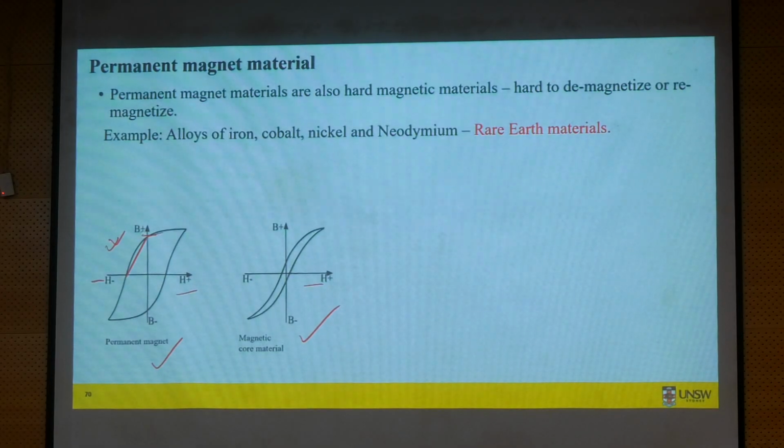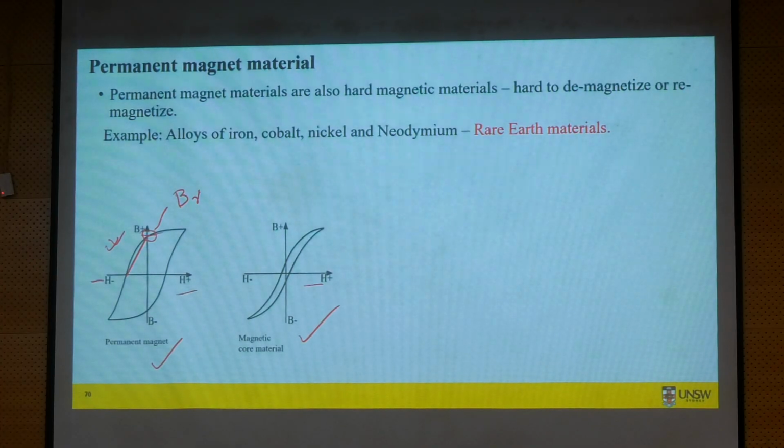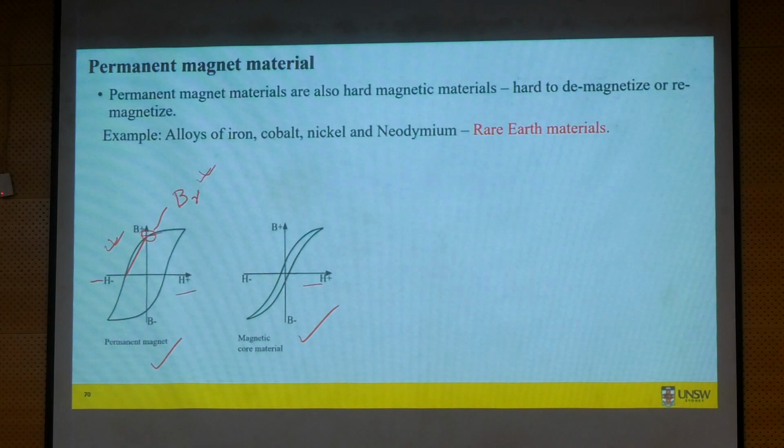Once it is magnetized, you will get this remanence flux in the magnet. If you look at the data set of a magnet material, they will give this value, Br, the remanence flux density. Based on this value, you will have the various grades of the magnets, especially for rare earth materials such as neodymium iron boron. If you look at their data set, or if you try to buy, the grades are determined by the value of this Br, and of course also temperature.